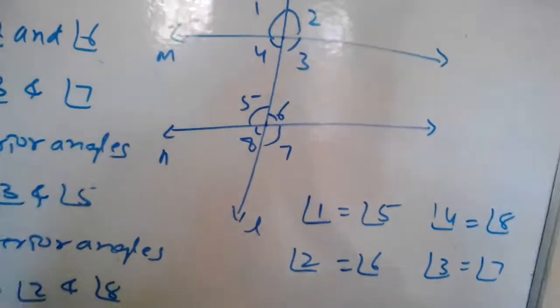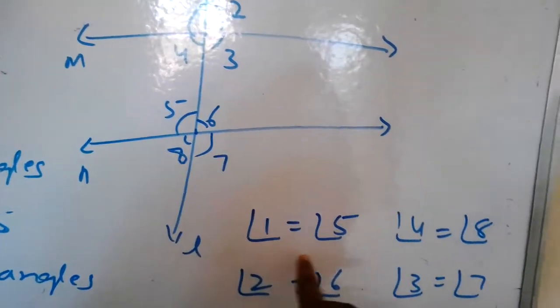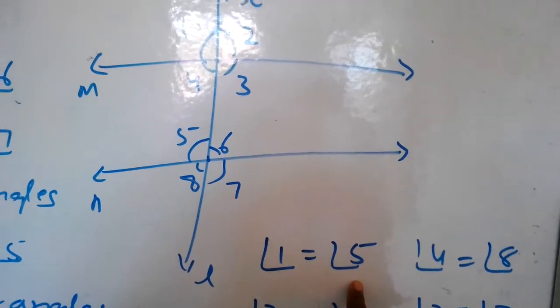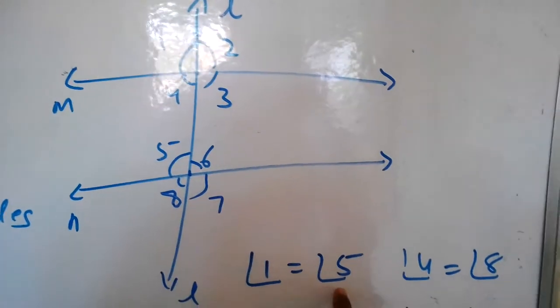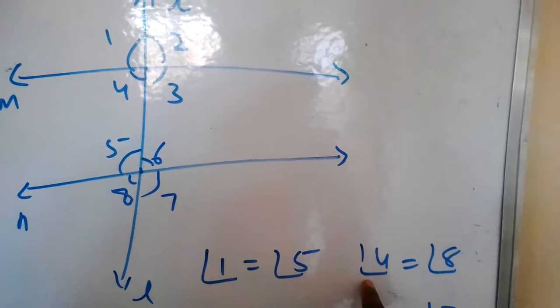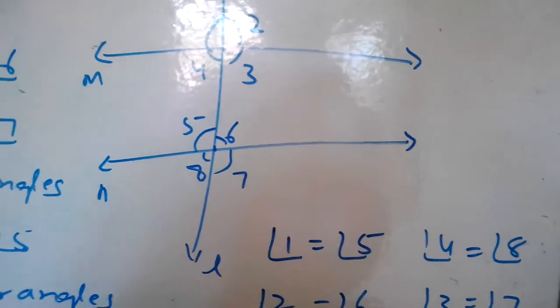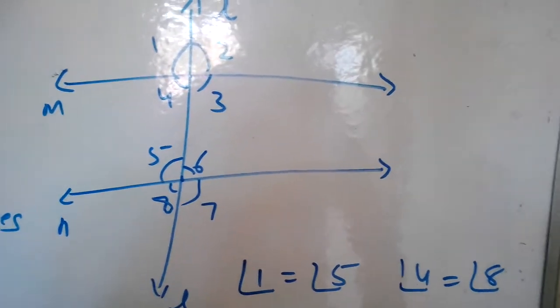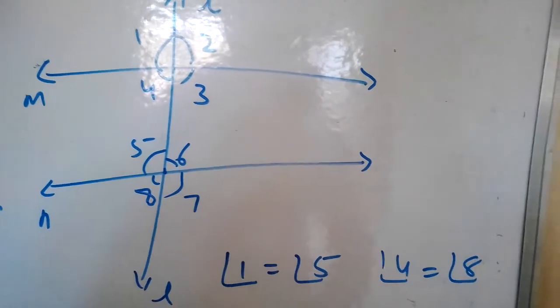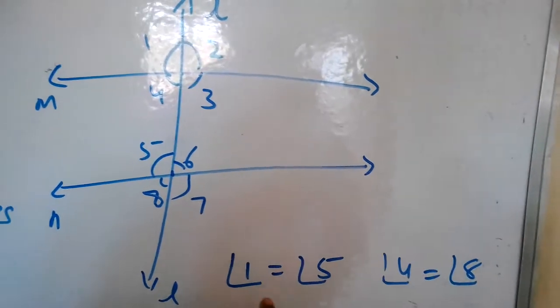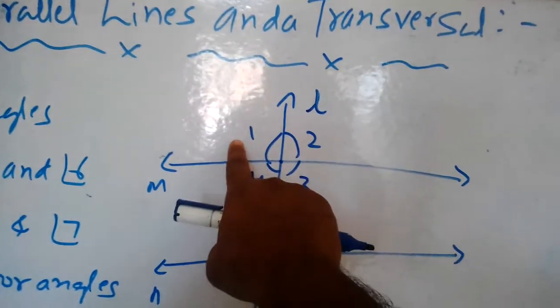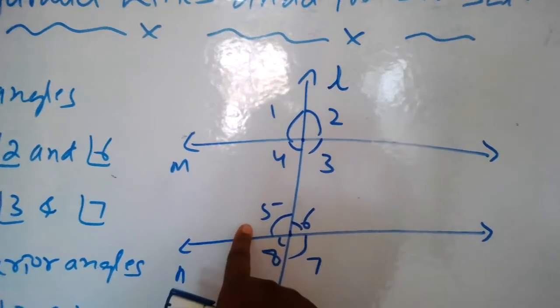Now angle 1 and angle 5 are equal, these are corresponding angles. Always angle 1 and 5 are equal, 4 and 8 are equal, 2 and 6 are equal, and 3 and 7 are equal. If angle 1 is 50, automatically angle 5 is also 50.